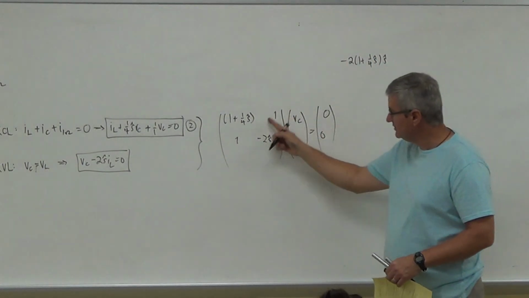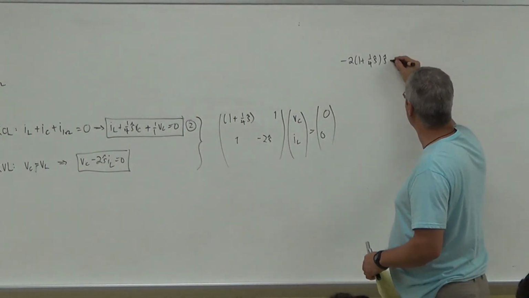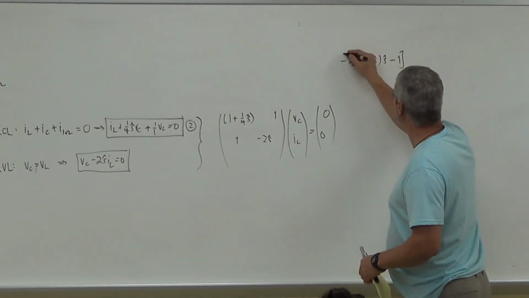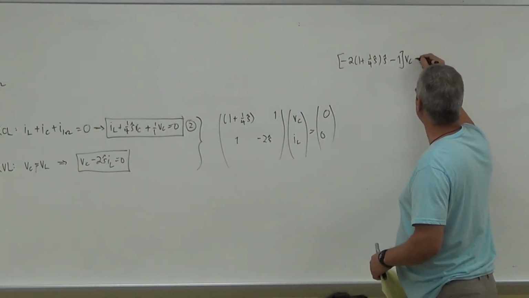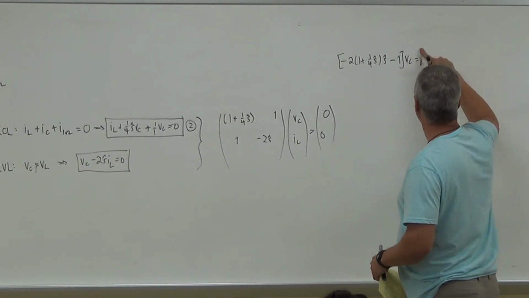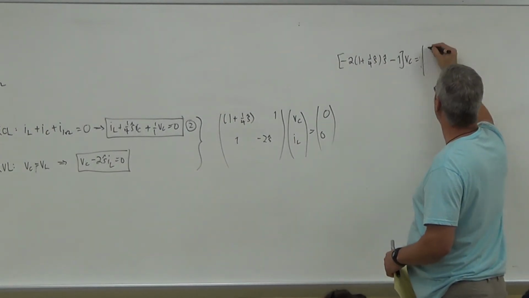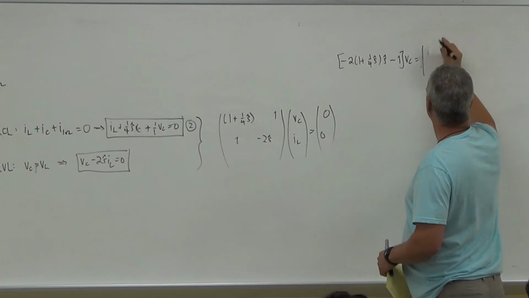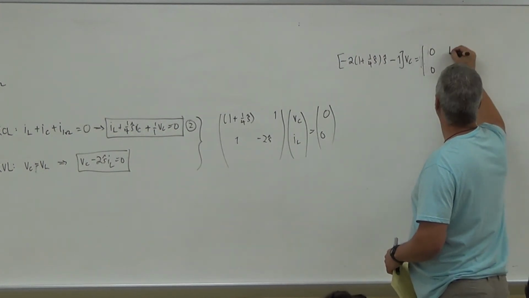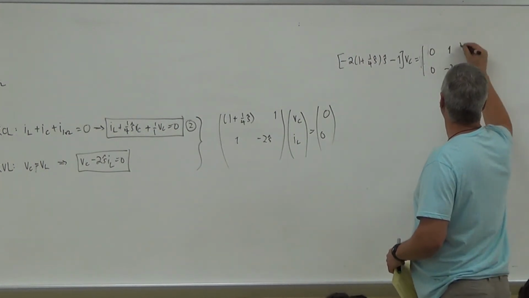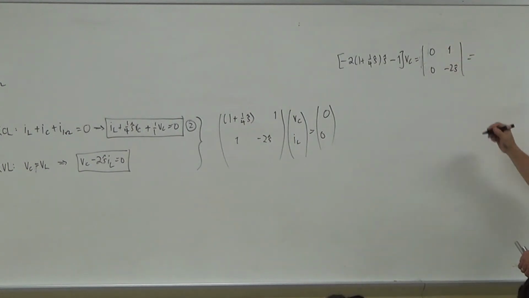And then I get this cross term, which is also negative, so I get 1. These now operate on VC, and you can see that when I do the right side, I'm going to get 1, 0, 0, 1, minus 2 S hat, and I'm just multiplying everything by 0, so it's got to be 0. And that's a good sign.